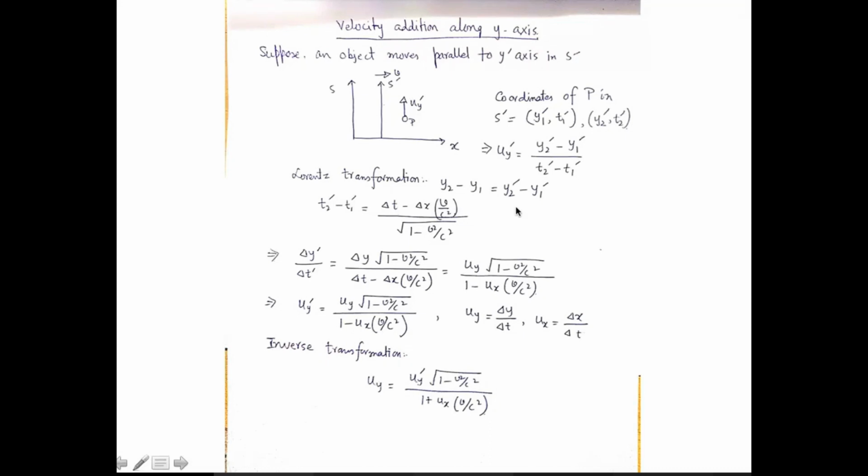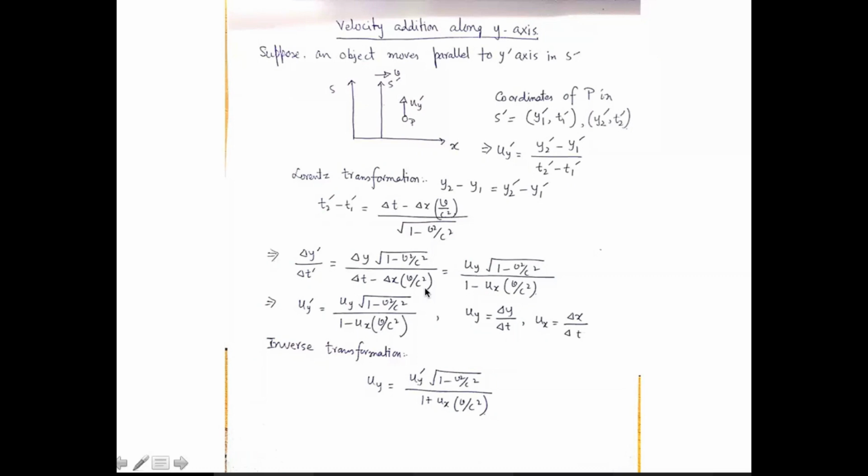Now, if we do a very little calculation of delta y prime by delta t prime, we end up getting this. Simple substitution. Delta y prime is the difference between these. So we get this simple formula, from where we can calculate the relationship.